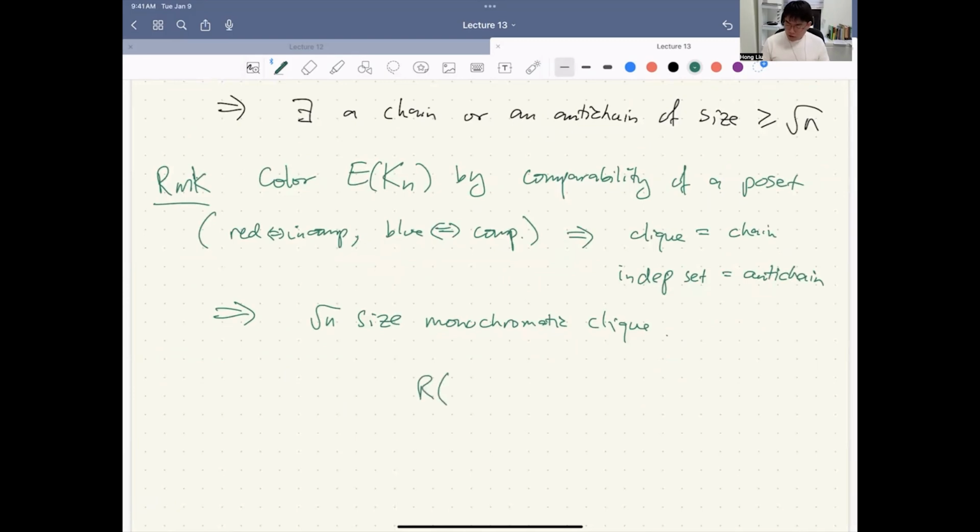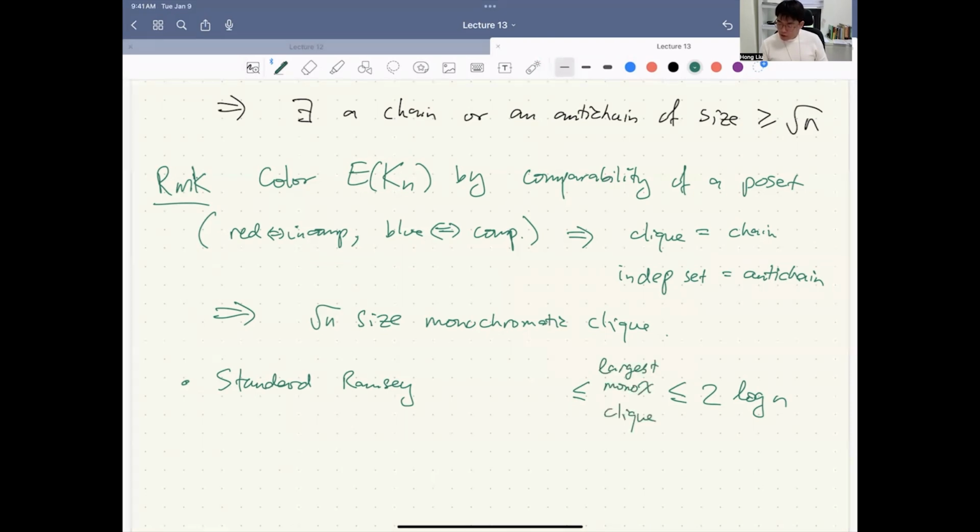Standard Ramsey, if you consider arbitrary edge coloring, not corresponding to a poset, but an arbitrary one, it's between two, actually now it's 2 minus epsilon times log n, and the largest monochromatic clique is between 2 times log n and 1/2 times log n. Here, this log n is base 2. Okay.